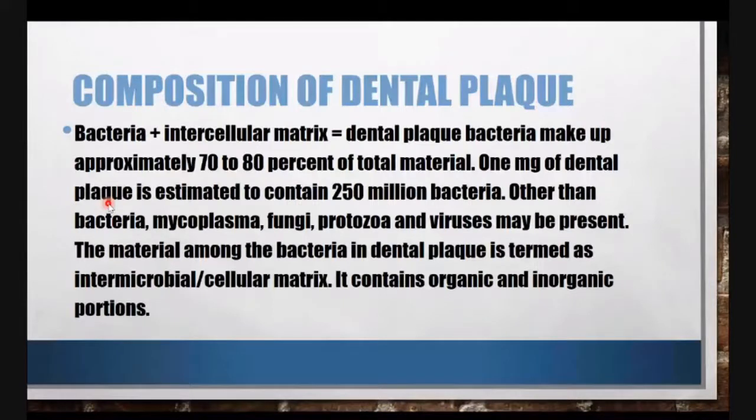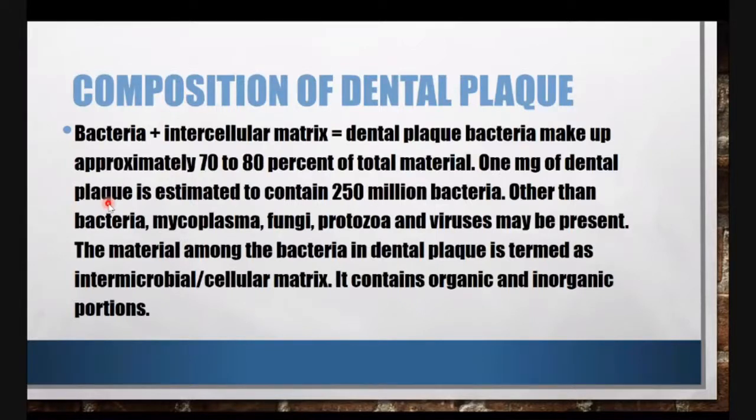Bacteria make up approximately 70 to 80% of the total material. One milligram of dental plaque is estimated to contain 250 million bacteria. Okay. Other than bacteria, we have mycoplasma, fungi, protozoa, and viruses that may be present. Even viruses, they said, have a relation; we will see in the lecture that recent research on periodontal diseases says they have a relation to periodontitis.